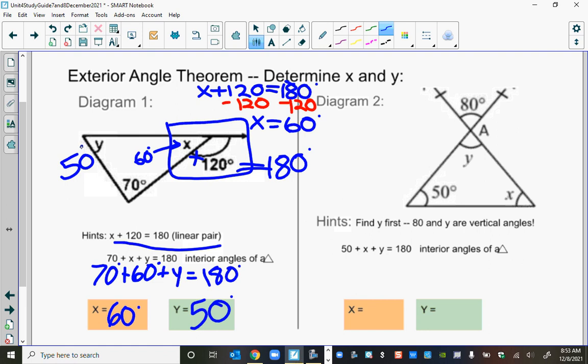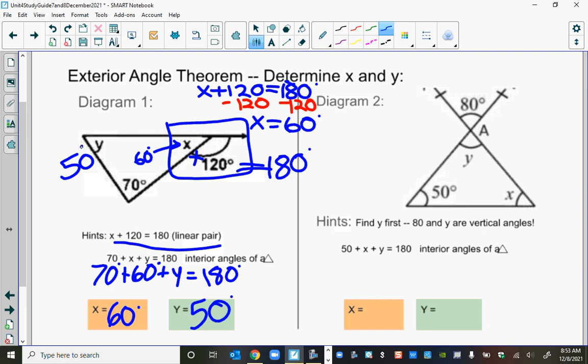This next one. I got two angles we're trying to find, an x and a y. Now, do you always have to find the variables in alphabetical order? No. This is a perfect example of why we don't have to always do that. Because if we look at this first diagram, it's easier to find y than x.